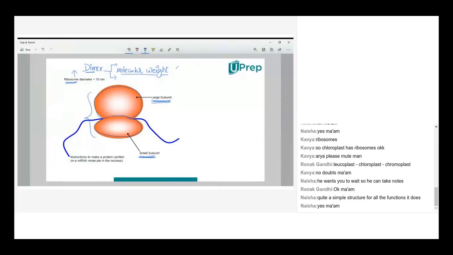Now, generally molecular weight we talk about in the form of Daltons. I think you would have read that in chemistry.